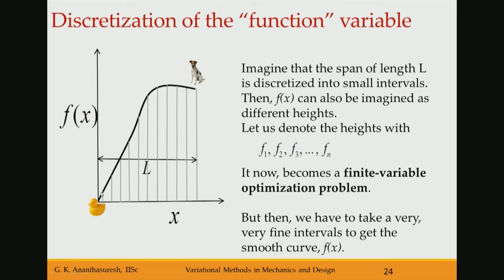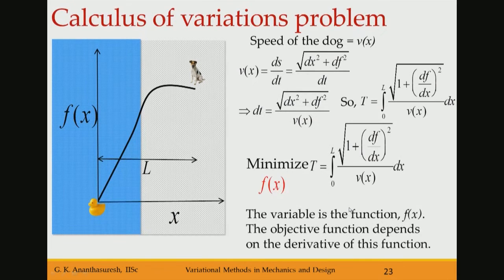So, I want to know not the continuous function, but what it is here, here, here, here, what path I should take. When I take that, then these f1, f2, f3, all these heights, become my variables, then that becomes a finite variable optimization problem, as opposed to a calculus of variations problem where the function itself is an unknown.